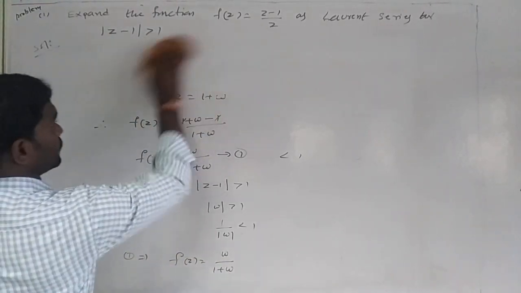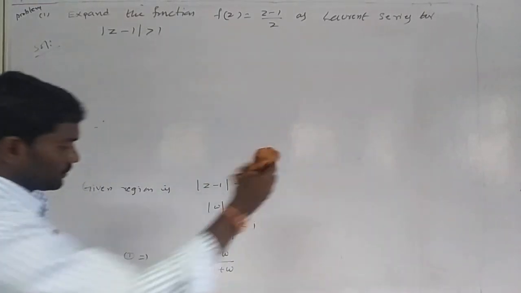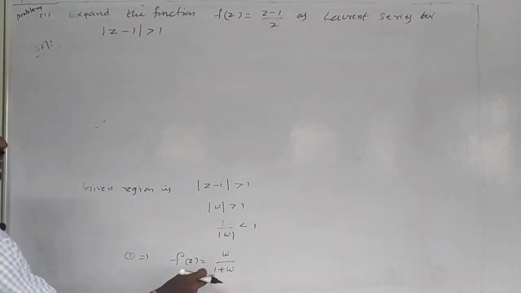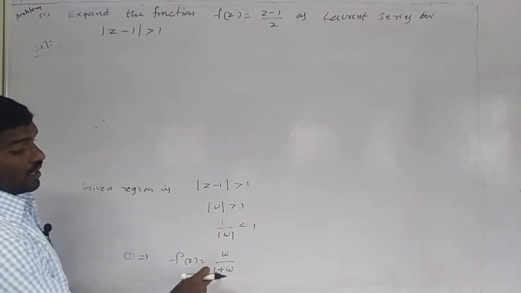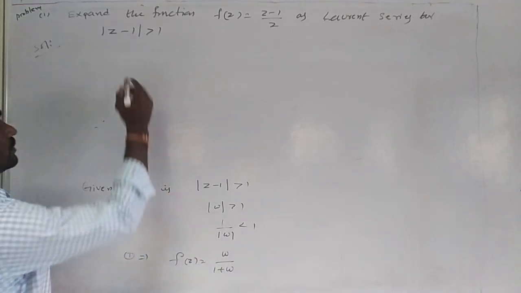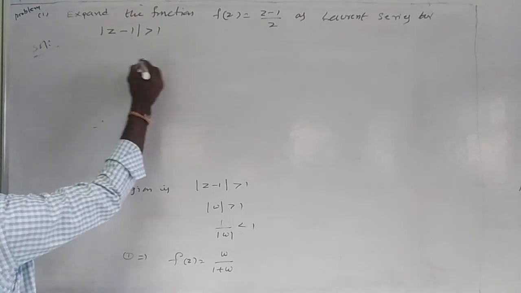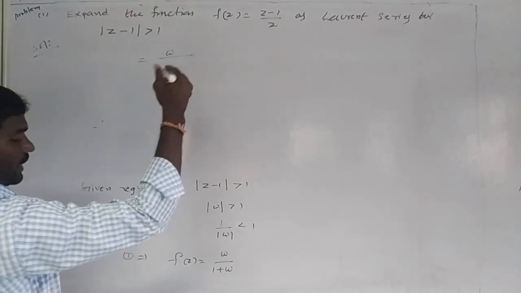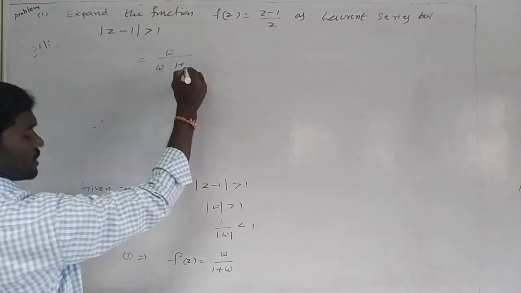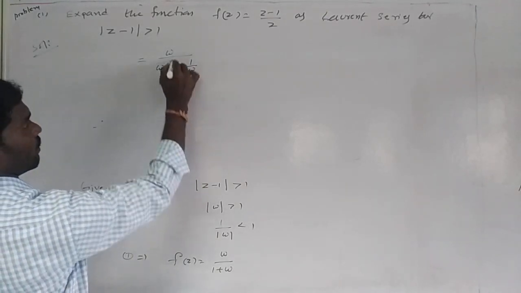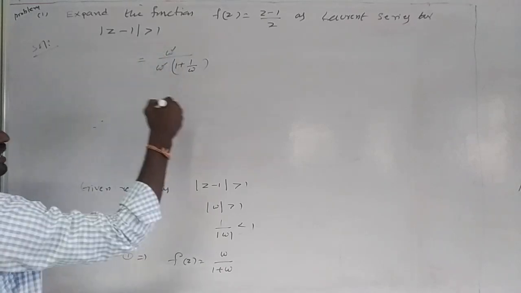Here we need the region in the form of 1 by w. So that's why in the denominator we take w common. That equals w divided by w into (1 plus 1 by w). W is cancelled.